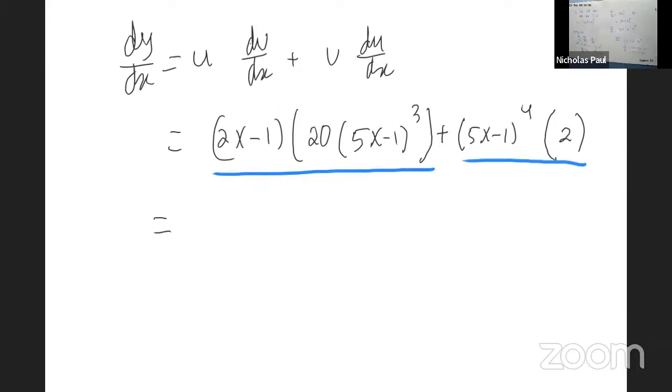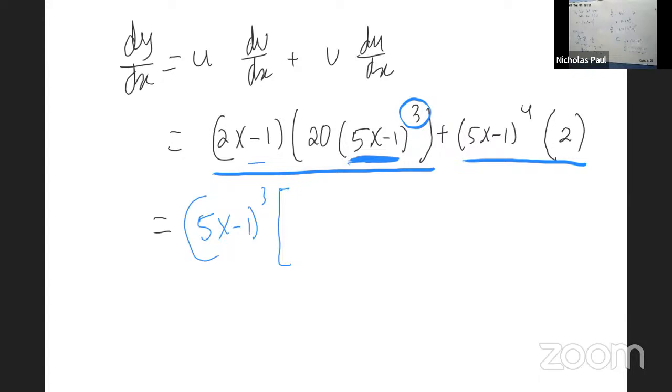What do those two terms have in common? 5x minus 1. But is it just 5x minus 1? Very good. They both have (5x minus 1) to the power of 3. So I could factor out (5x minus 1) to the power of 3. What will I be left with on the left-hand side?